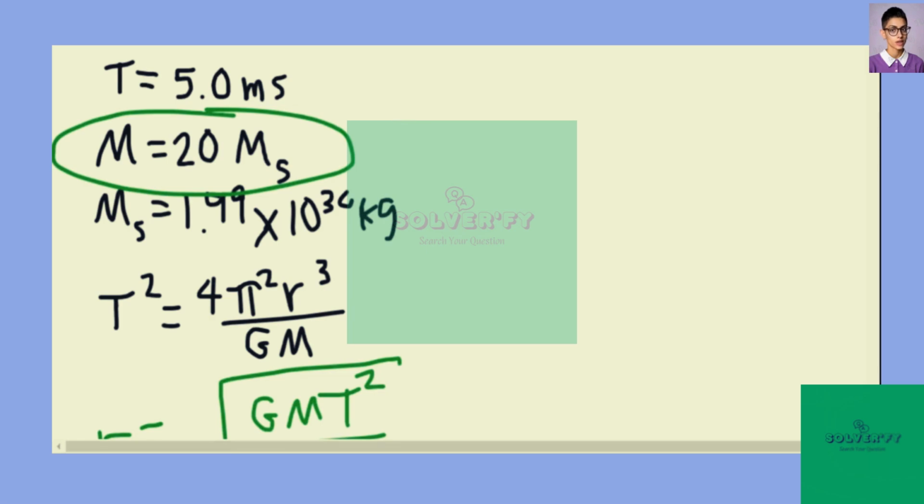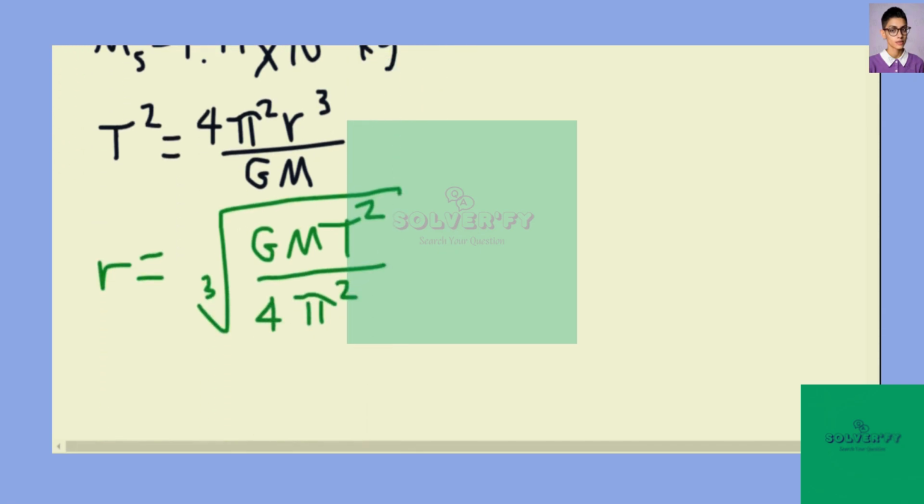That's 0.005 seconds. Times that squared over 4 pi squared. 4 times pi squared.